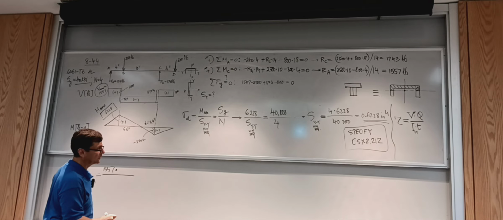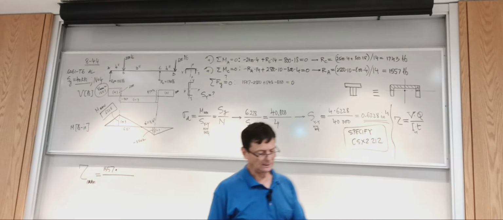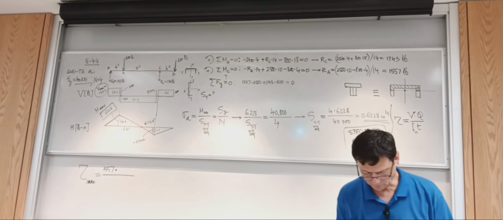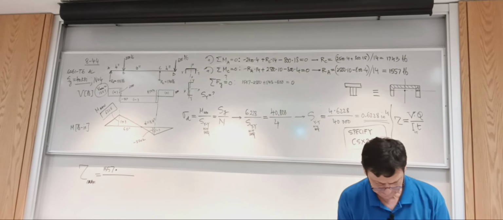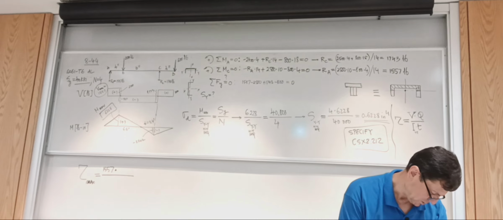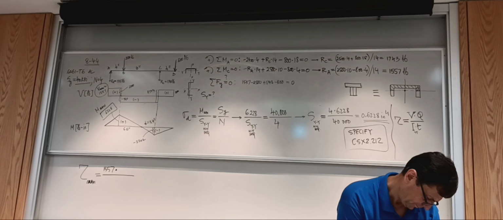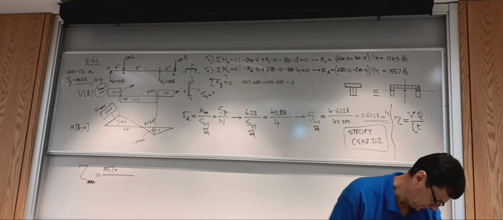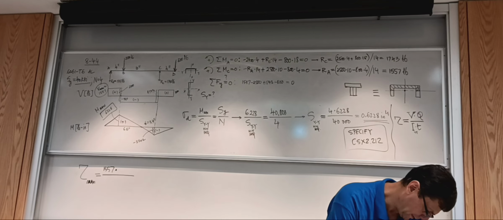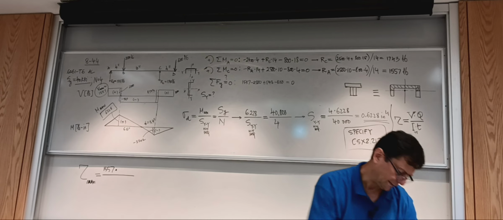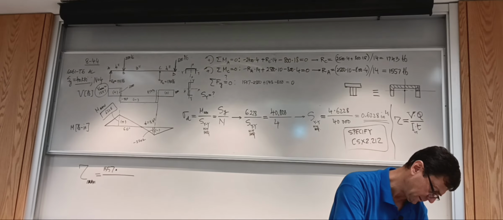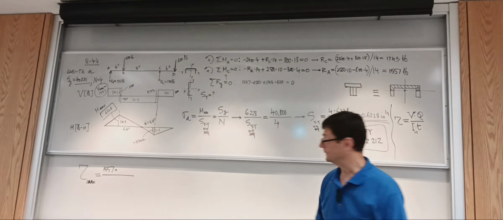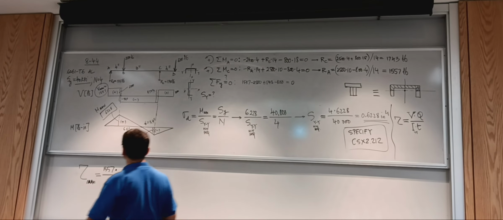And then below, I divide by I_y from Appendix 6B, properties of channels. Yes, so I_y was 0.98 inches to the power 4.